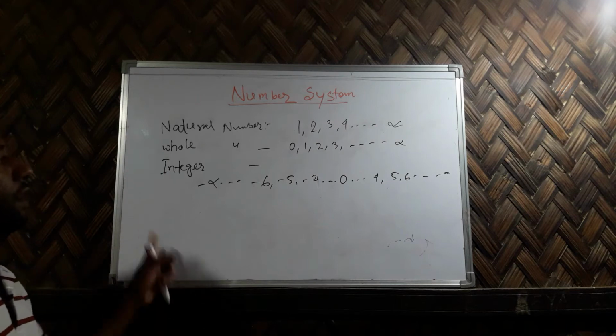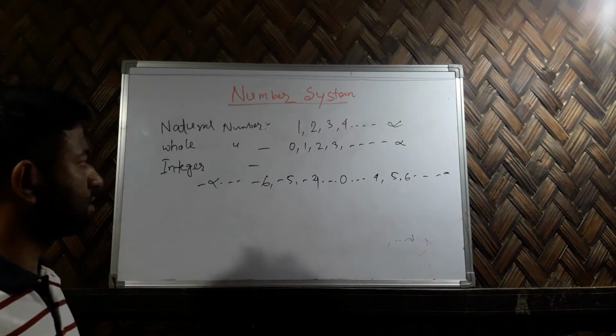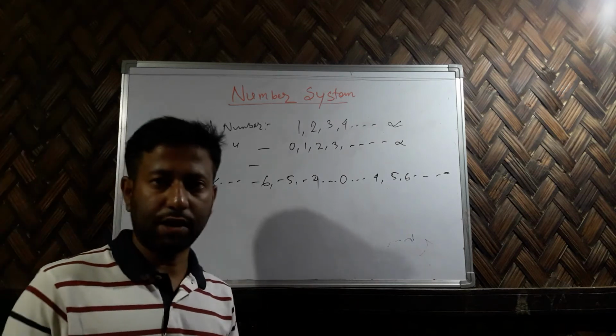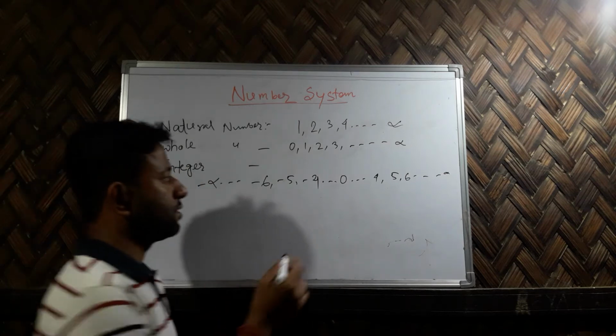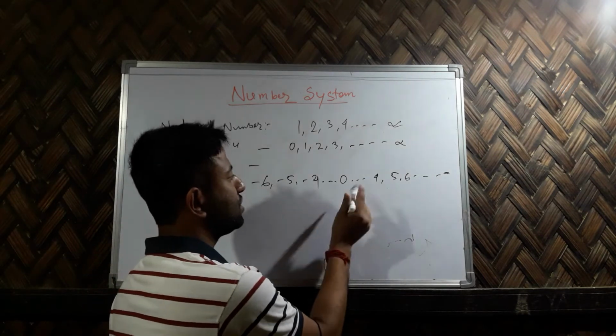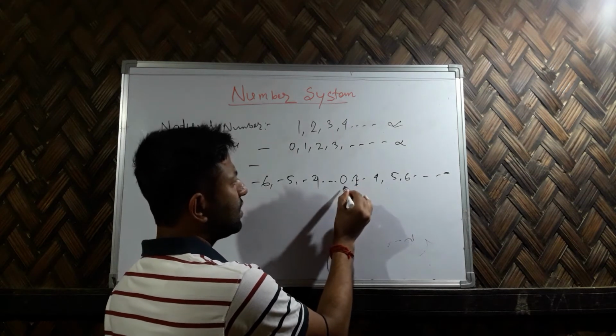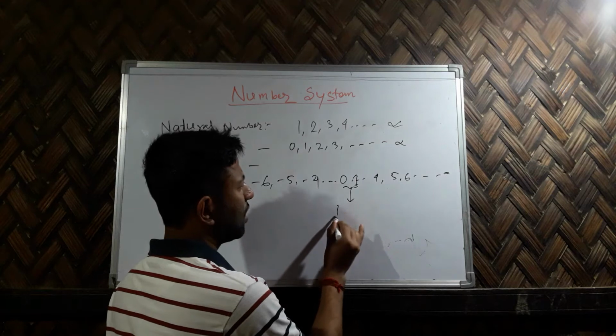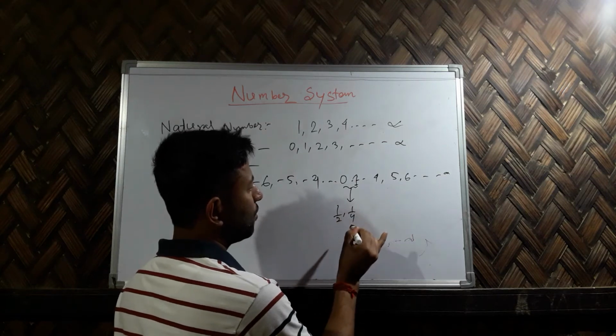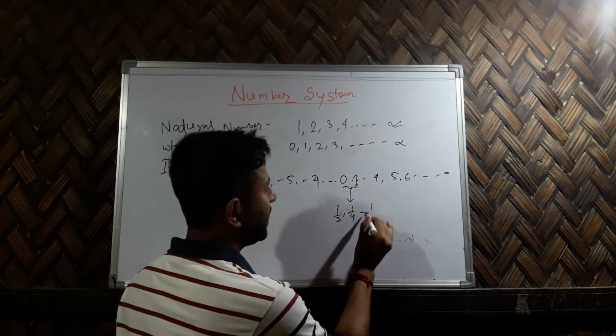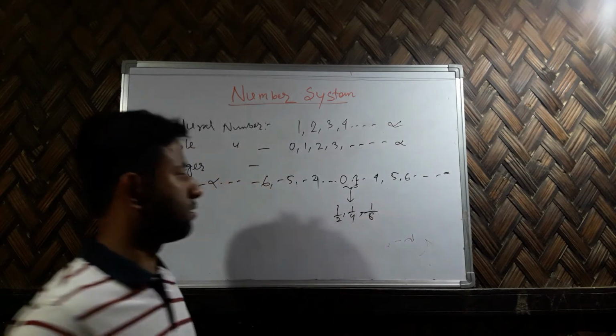Now another question arises. If there are some fractions, suppose in between 0 and 1 there are also some numbers, suppose half, 1 by 4, 1 by 8, so all these numbers are also included in between.